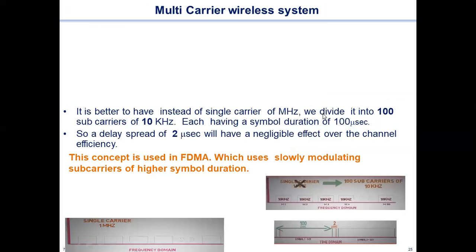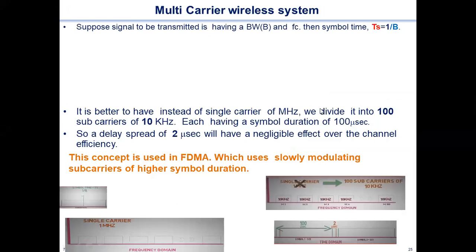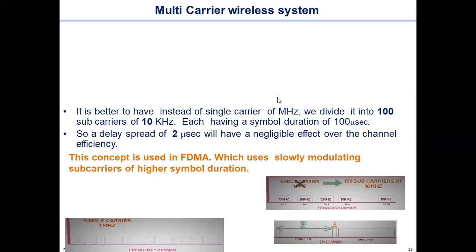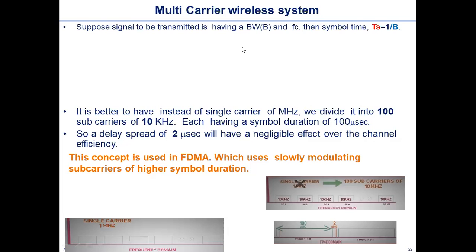Suppose the signal to be transmitted has a bandwidth of B. What I'm discussing in this slide is how the multicarrier system reduces intersymbol interference and frequency selective fading, in a simple pulse diagram.